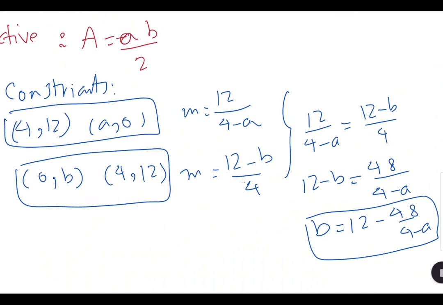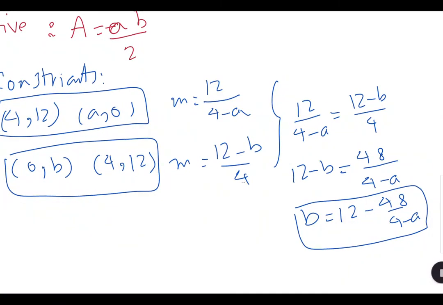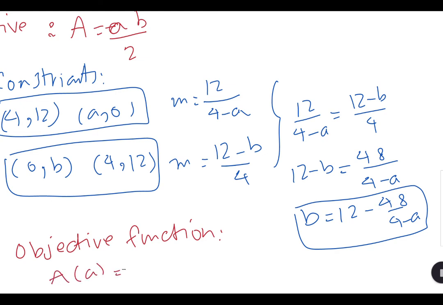Now, in the objective function, let's go back to the objective function. I'm going to multiply B by A and divide by 2 to get the area in terms of A. When I'm multiplying, I'm basically multiplying by a half, because B is already here.